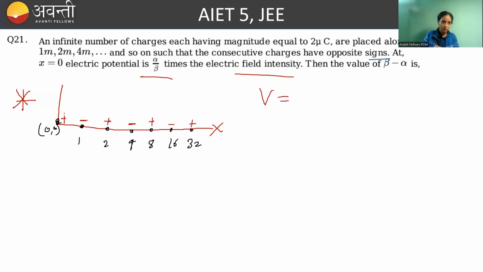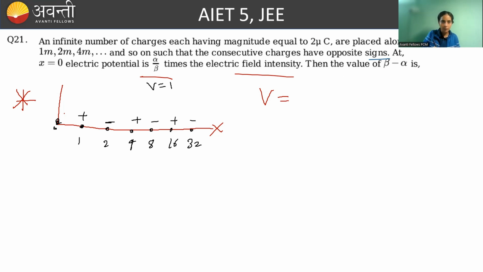KQ by R. So, I made a mistake. No charge is placed at the origin. Sorry. So let's remove it in the first place. Here the positive charge will be, here negative, because we will start from 1. So this is plus, this is minus, this is plus, this is minus, like that.